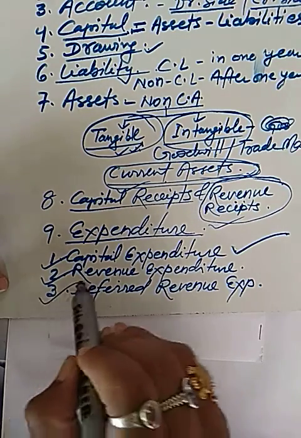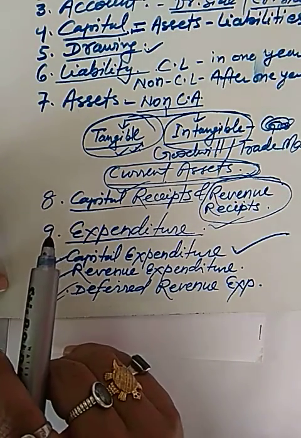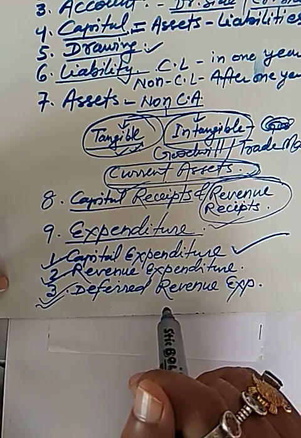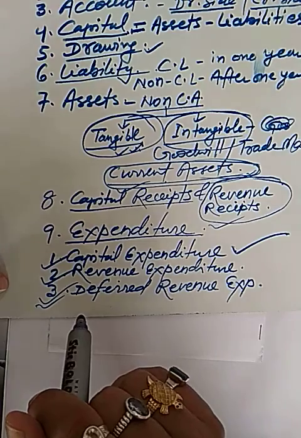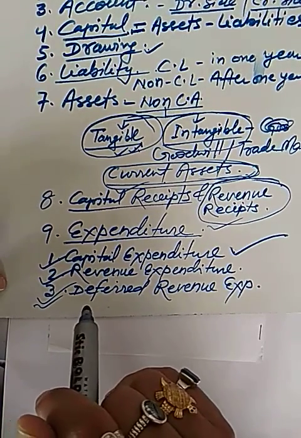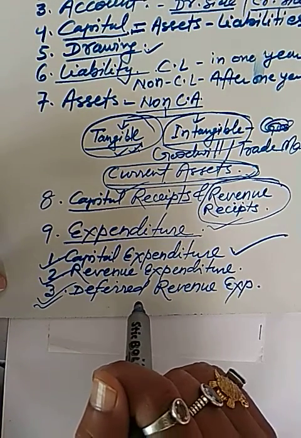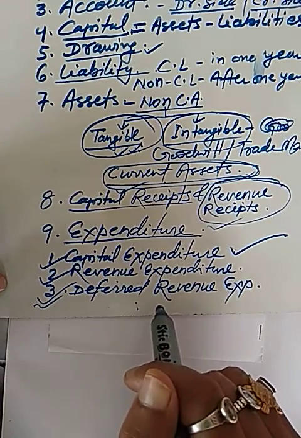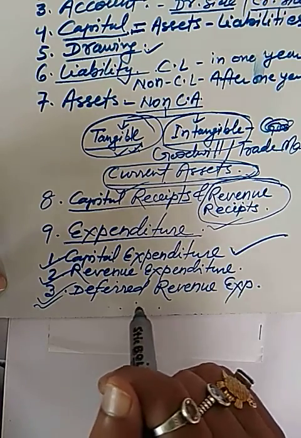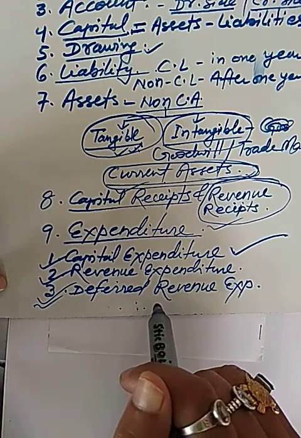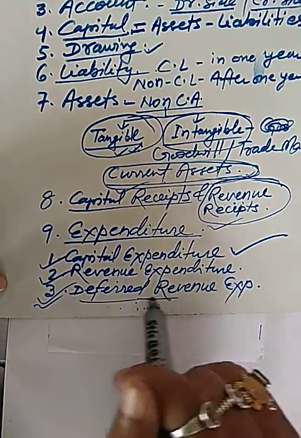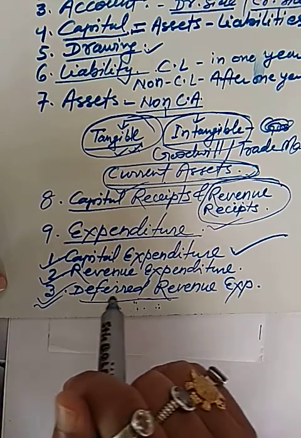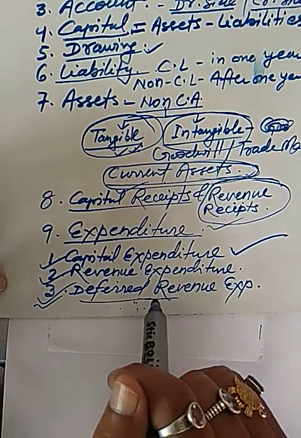Next point is deferred revenue expenditure. Deferred revenue expenditures are revenue in nature, but the benefit of which is likely to be derived over a number of years. Such expenditure are termed as deferred revenue expenditure.